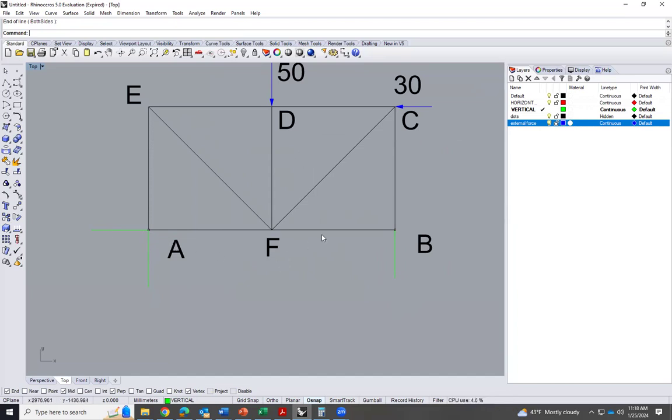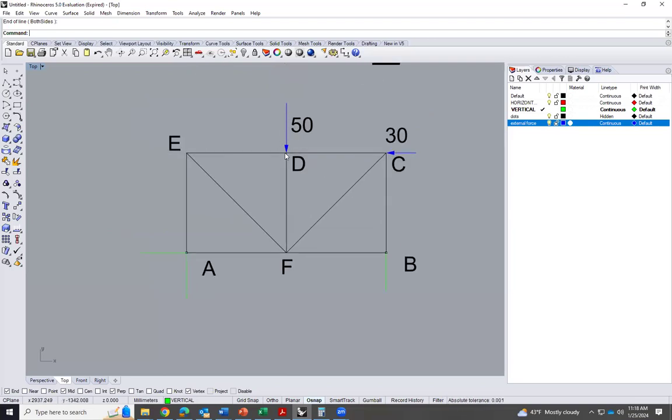Well, if we look at the geometry and the forces that we have, if we have a vertical force going down, most likely the reactions that we have in A and B will go up. But if it doesn't, we will find out when we calculate because we will have different signs.